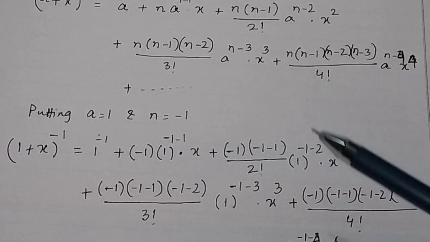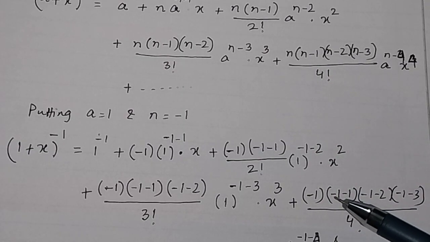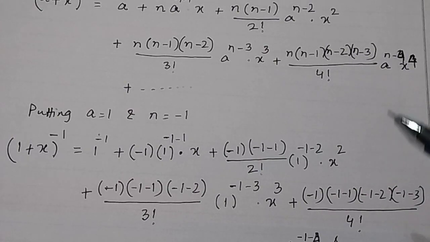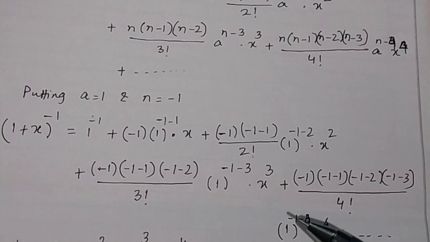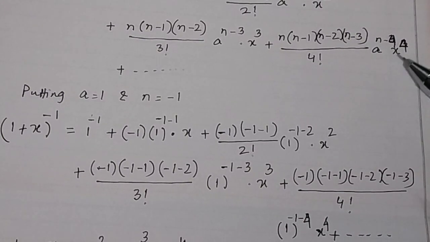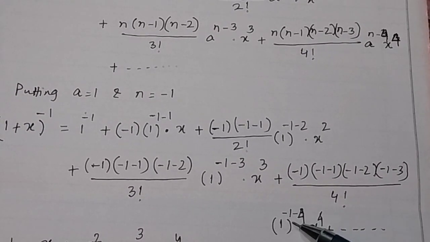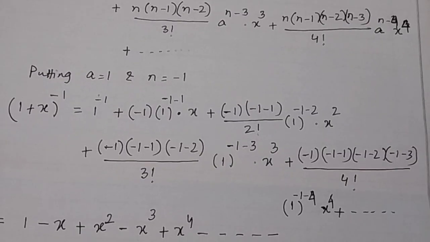Since n is equal to minus 1, this will be minus 1, then minus 1 minus 1, then minus 1 minus 2, then minus 1 minus 3, divided by factorial 4, into a to the power n minus 4. So here you have 1 to the power minus 1 minus 4, x to the power 4. In this way you can write higher order terms also.